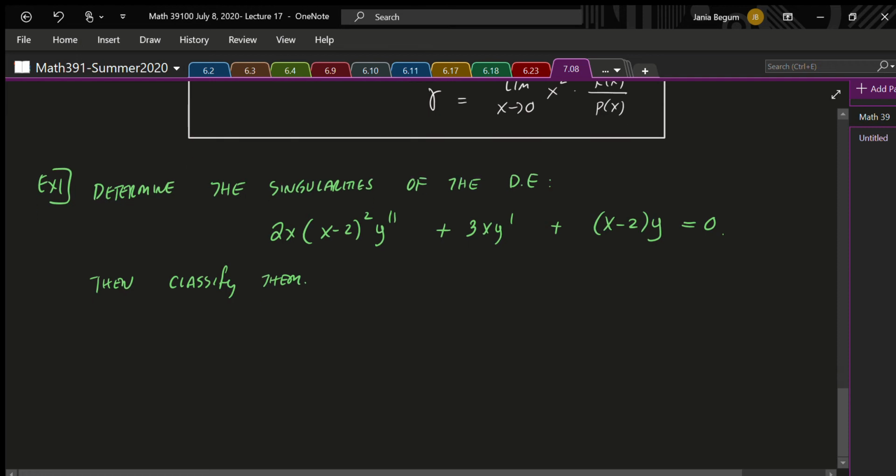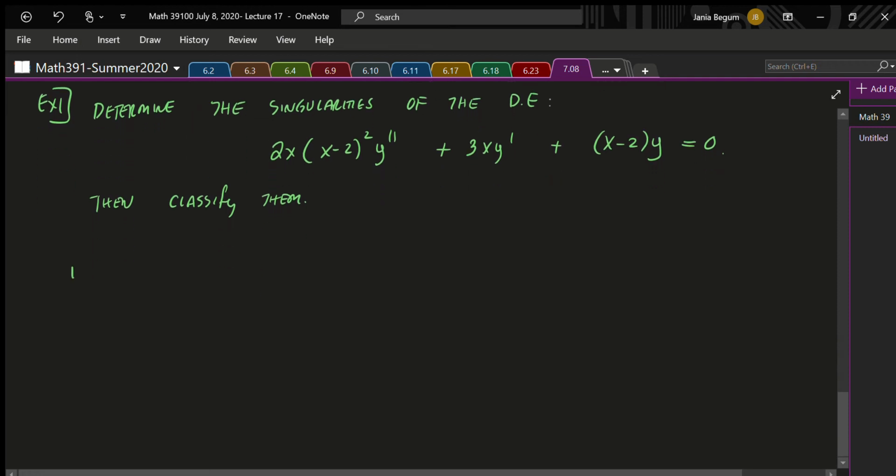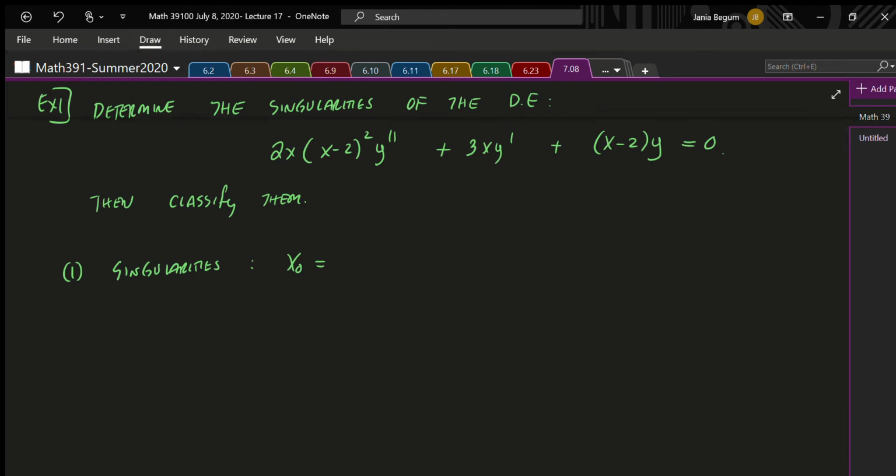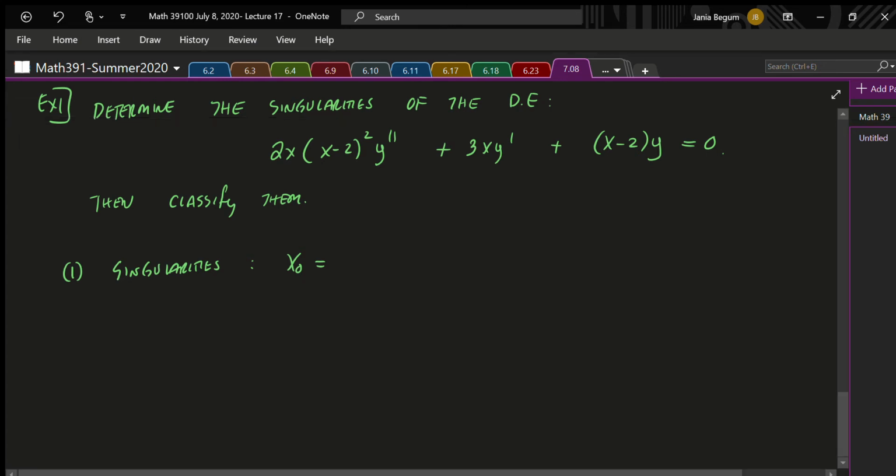So, 1. What are the singularities? So when is p of x equal to 0? So p of x is this function right here. That's p of x.